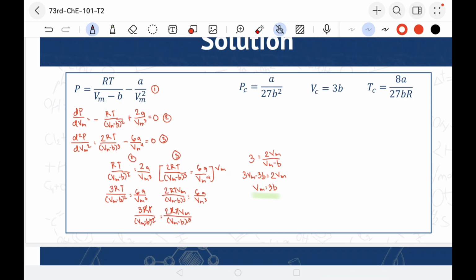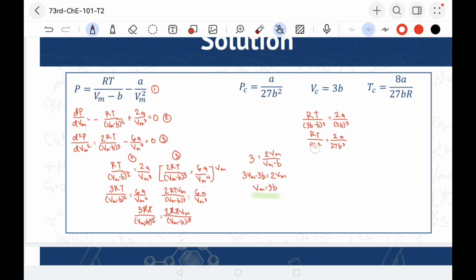To get the value of our second critical constant, we can substitute the value of Vm equal to 3B in either equation 2 or equation 3. Let us substitute it into equation 2. So RT over (3B minus B) squared is equal to 2A over (3B) cubed. Let us expand that to get RT over (2B) squared, which is 4B squared, is equal to 2A over (3B) cubed, which is 27B cubed.